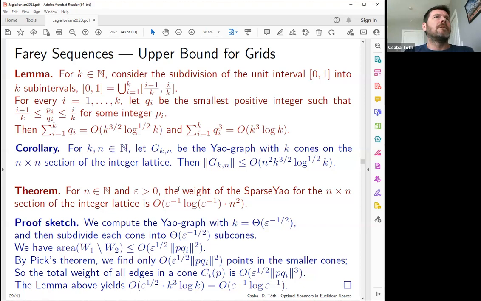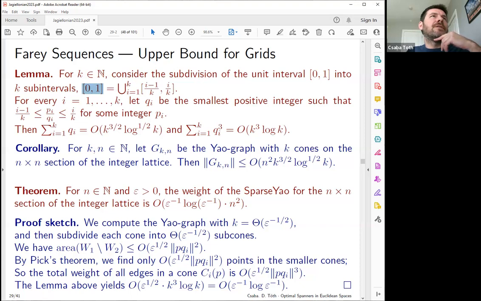And what we have here in the Yao construction is that we subdivide. So we have the interval, these are the slopes from slope 0, so horizontal, to slope 1, the y equals x line, and this would be a subdivision into cones, into these intervals.